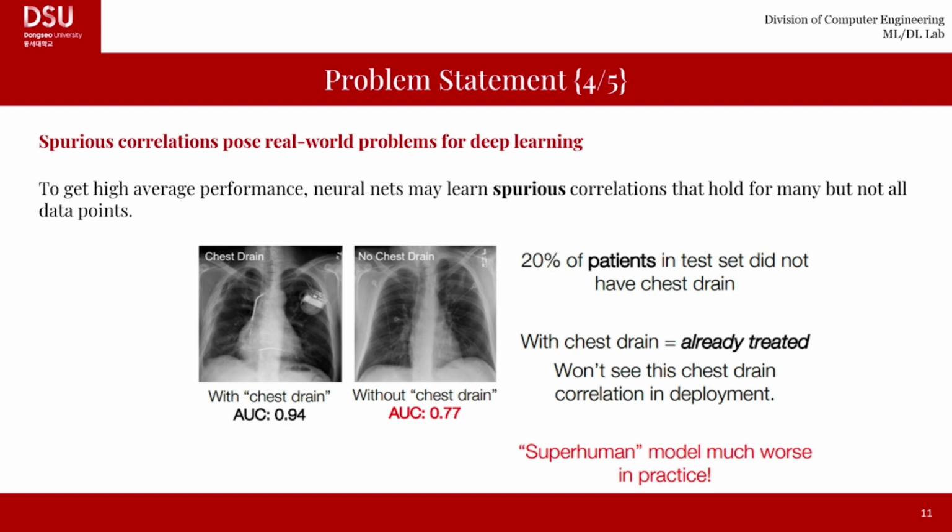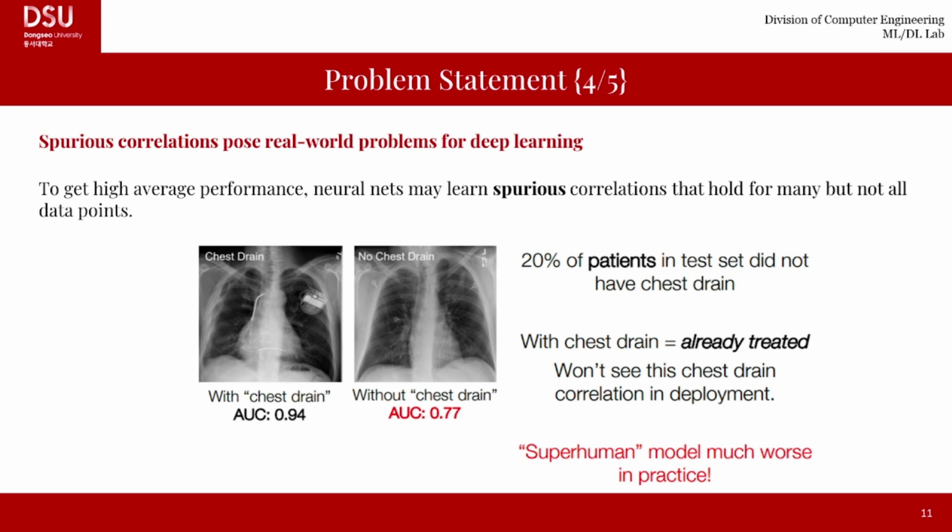Here we see that if they train on the data set and find the accuracy of the trained model, the first accuracy is 0.94. This is very good. But then if we train our data without the chest drain, the accuracy is very poor compared with the previous one.